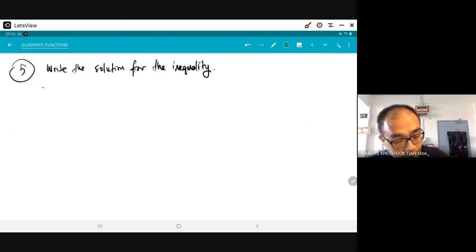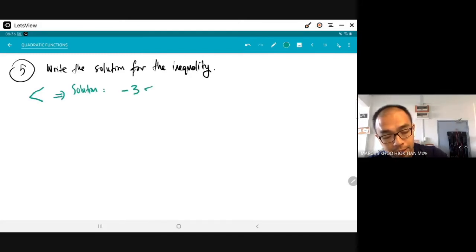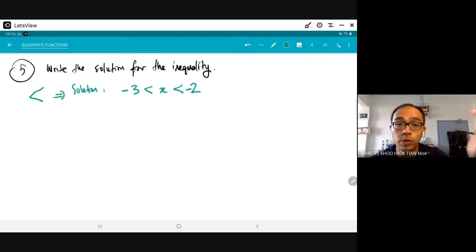Okay, so kalau dia adalah less the solution, okay, the solution is negative 3 less than x less than negative 2. Okay, nombor di sebelah kiri less than x less than negative 2.